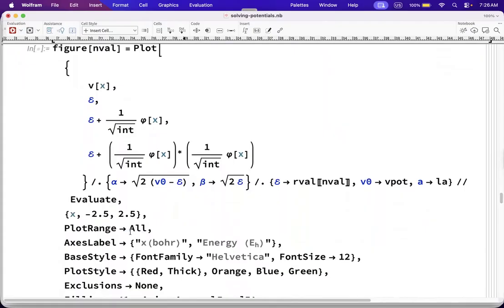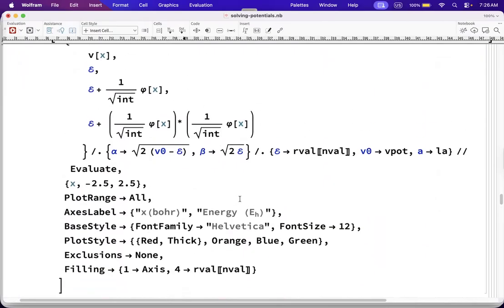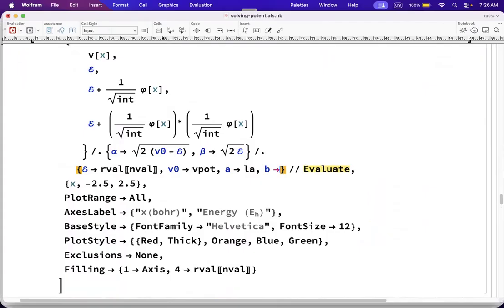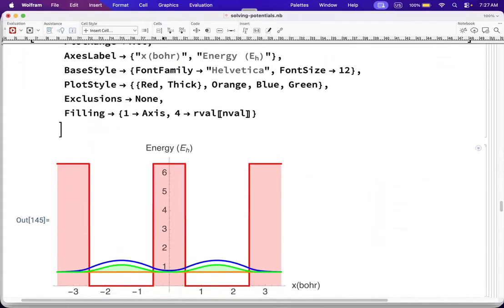And the plot here, again, please don't forget to put LA, comma, B goes to LB. That's it. And the plot goes from minus 3.5 to 3.5. And that's it. Look, we have this.